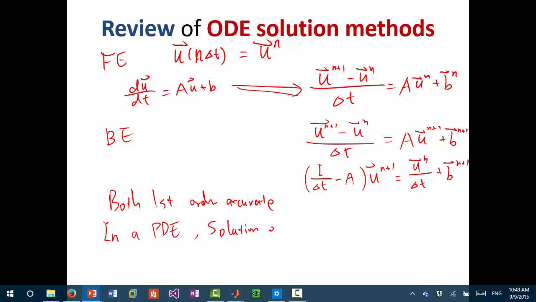Solution error is equal to O(delta t to the power of the order of the time discretization) plus O(delta x to the power of the order of the spatial discretization).